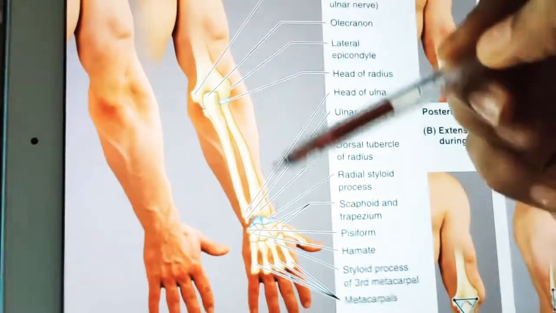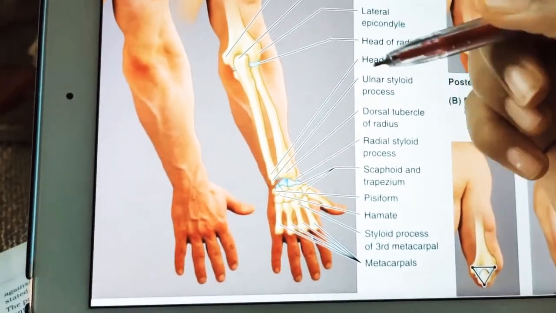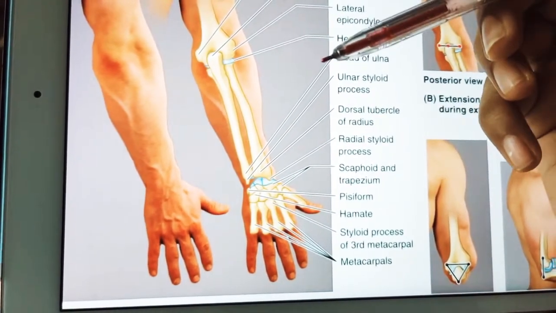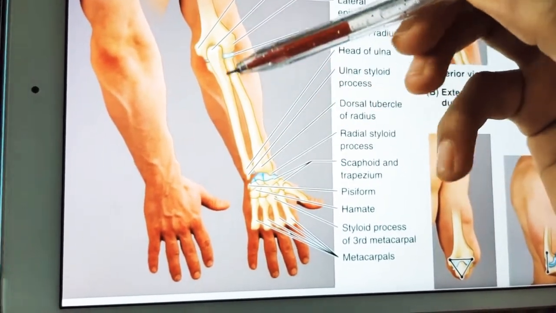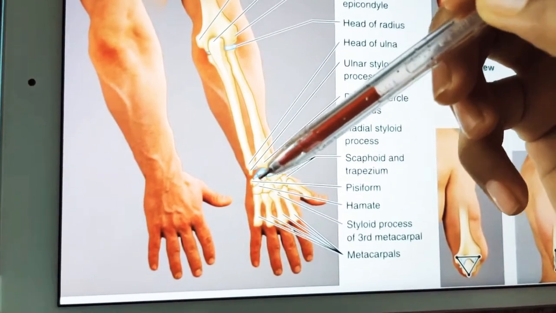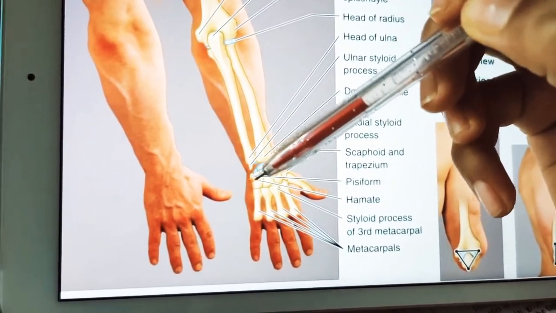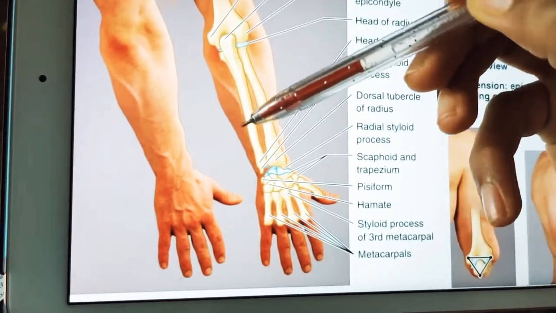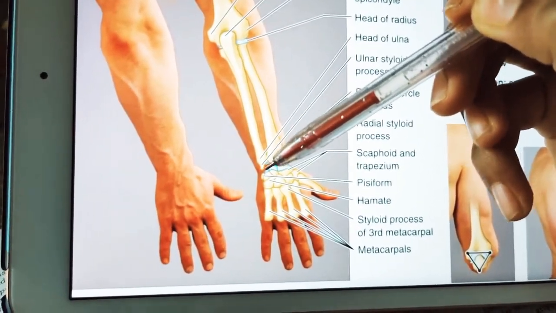Okay, so if you follow this diagram, now we will come to the other surface landmark, that is the head of ulna. So where is ulna? This is thumb side, so it's radius, this is ulna. So actually the head of ulna is present in the lower side. Actually the head of radius is present to the upper side, but the head for the ulna is usually on the lower side.